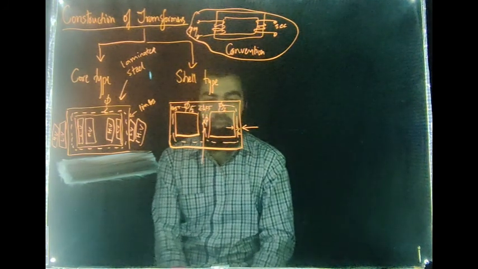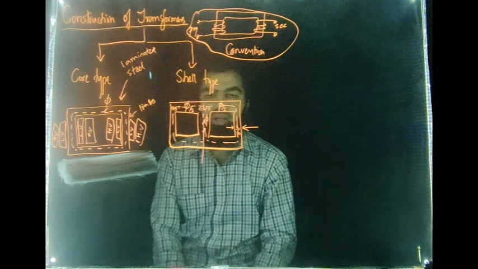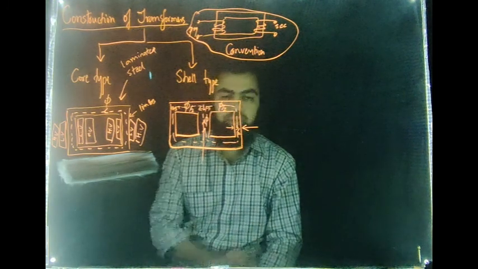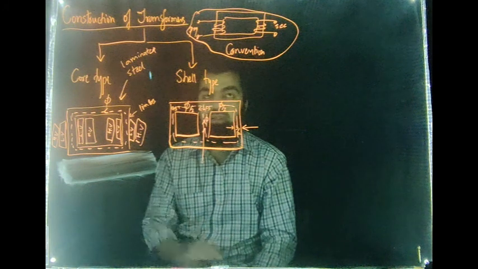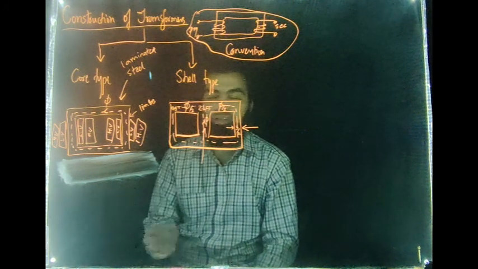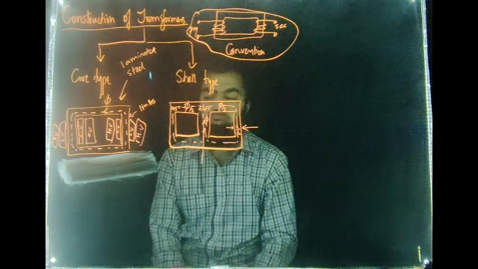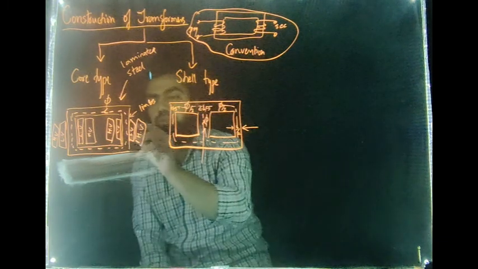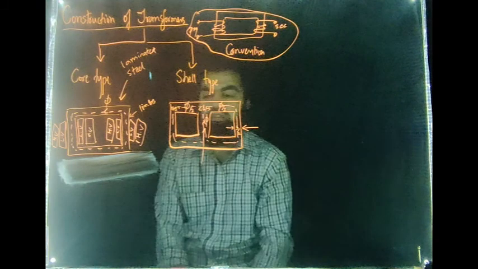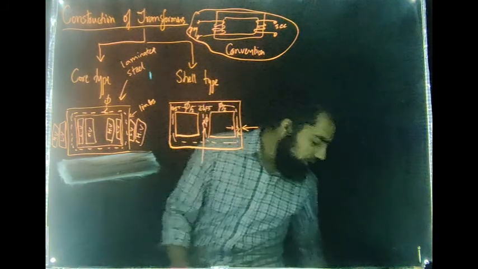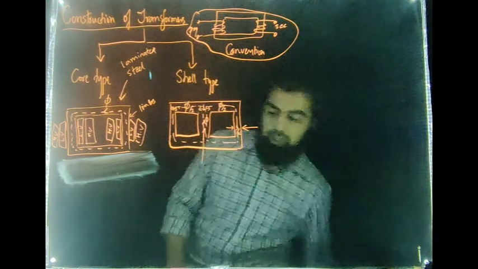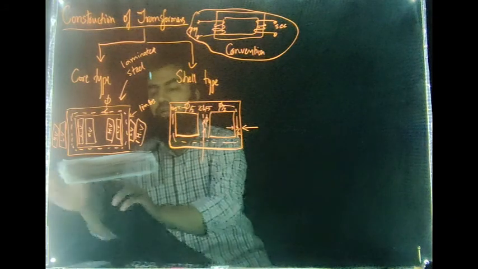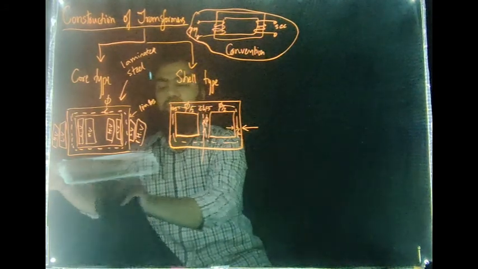If it's a step up transformer, the primary winding will have lower voltage as compared to the secondary side. If it's a step down transformer, the primary side will have higher voltage as compared to the secondary side. Now we prefer to wind the lower voltage windings internally onto the internal parts of the limbs, while the HV winding is done on the external part of the limb.